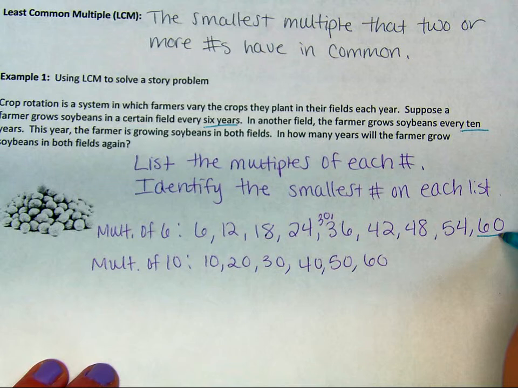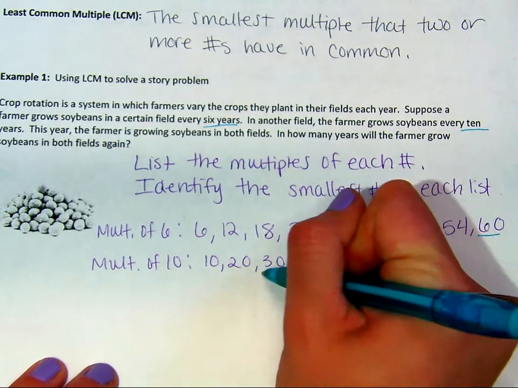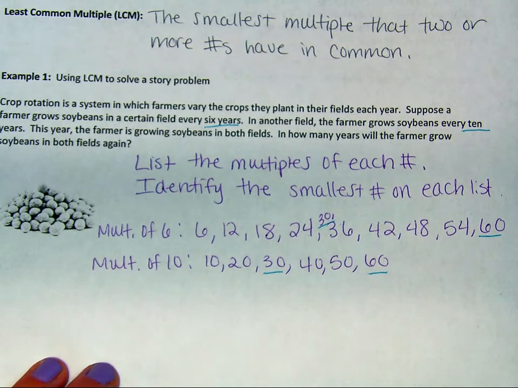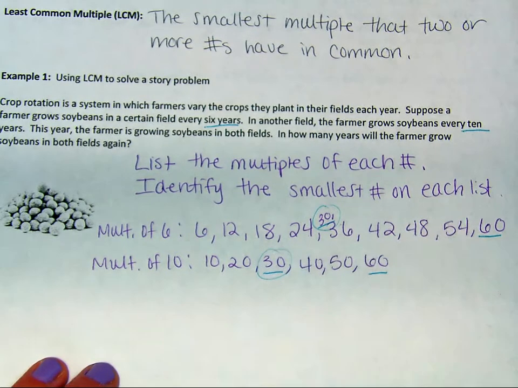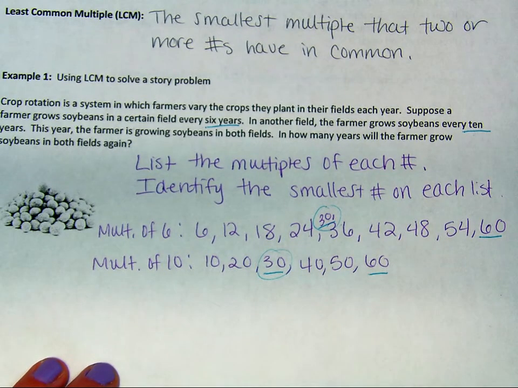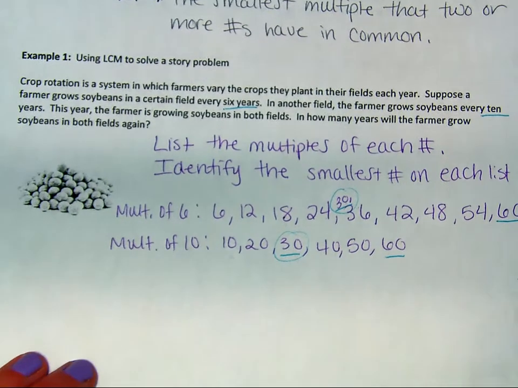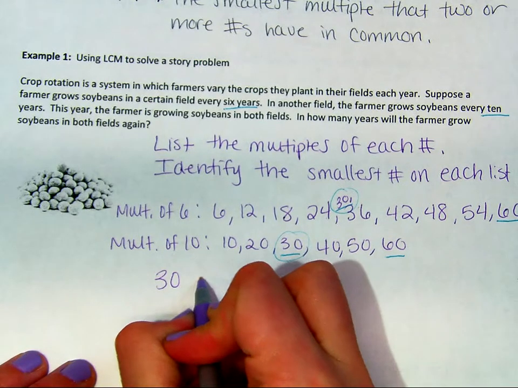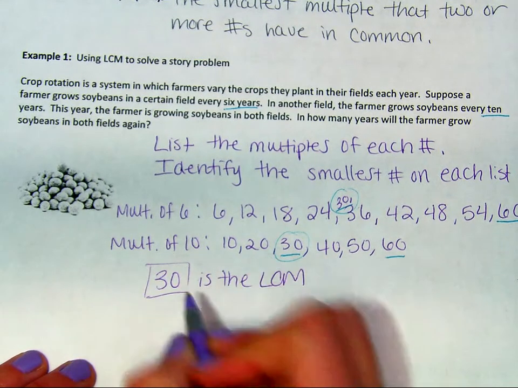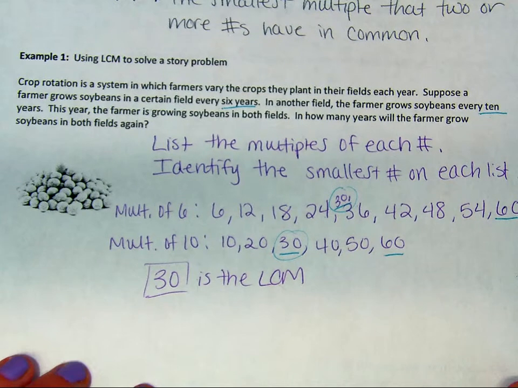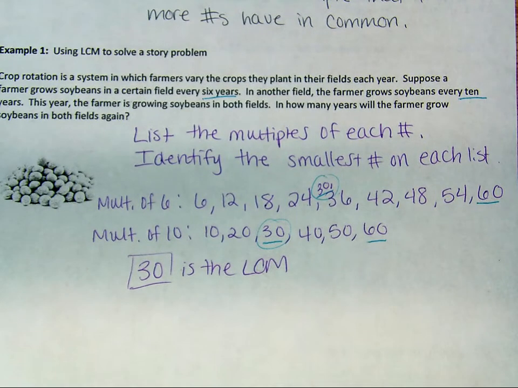Well, I see they both have a 60, and I see they both have a 30. So to identify the least common multiple, you pick the smaller of your options. So 30 is smaller, so that's going to be my LCM. So 30 is the LCM. So that means in 30 years, the farmer's fields will overlap again, and he'll be growing soybeans in both.